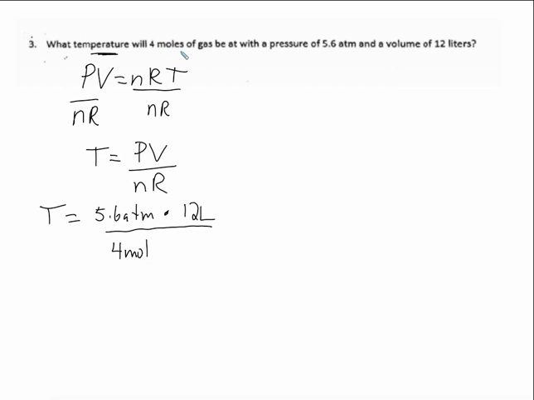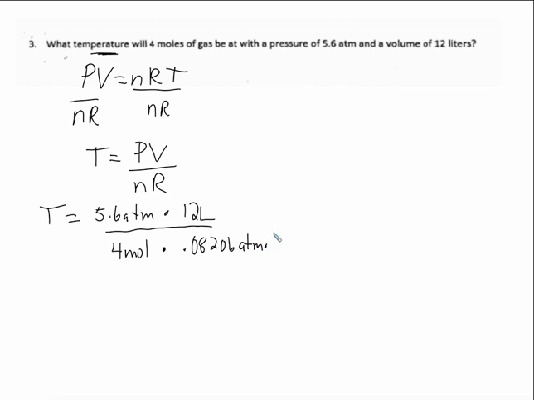Sometimes instead of giving you the moles, they give you the grams, and then you've got to change to moles. Okay, and then the R. With R there are two values. There's one that has atmospheres in it, and there's one that has millimeters of mercury. So the atmosphere one is just like 0.08206, something like that. I hope I remembered it right.